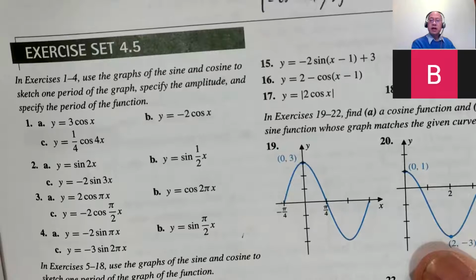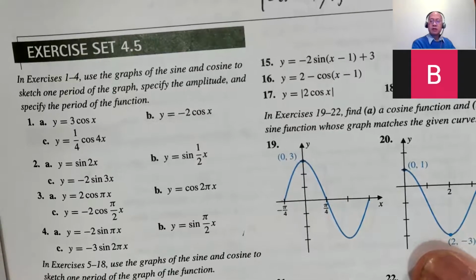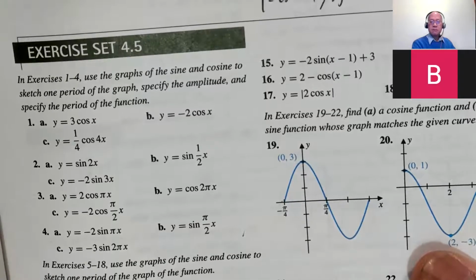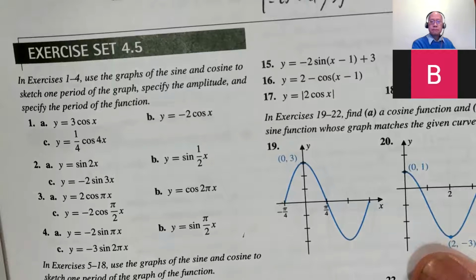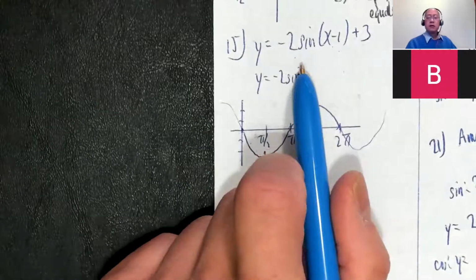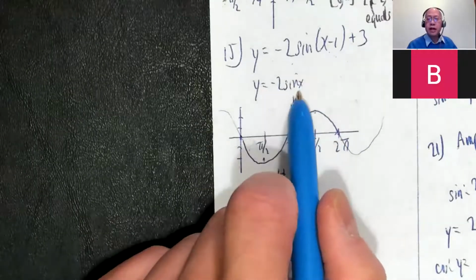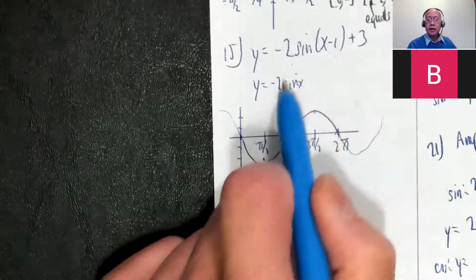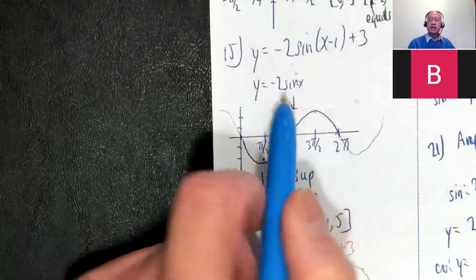y equals negative 2 sine of (x minus 1) plus 3. So I think of negative 2 sine x first. Ignore that. Negative 2 sine x.